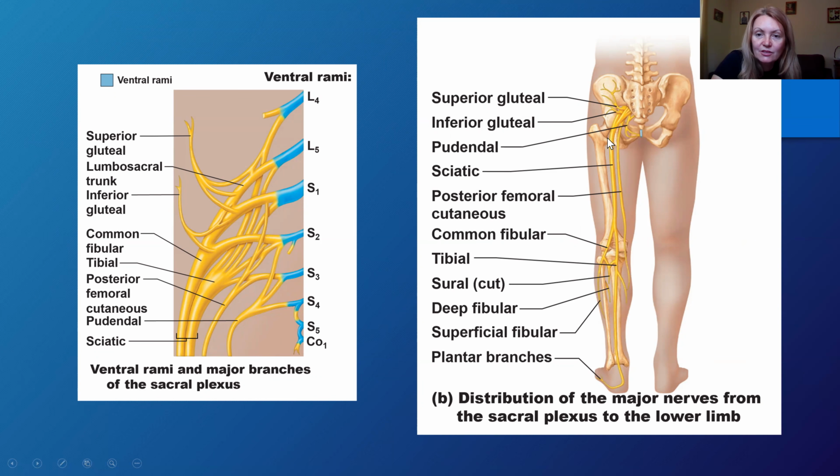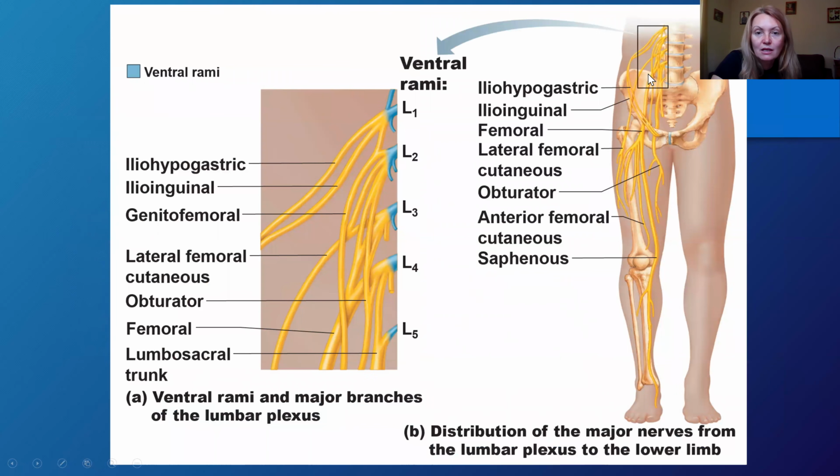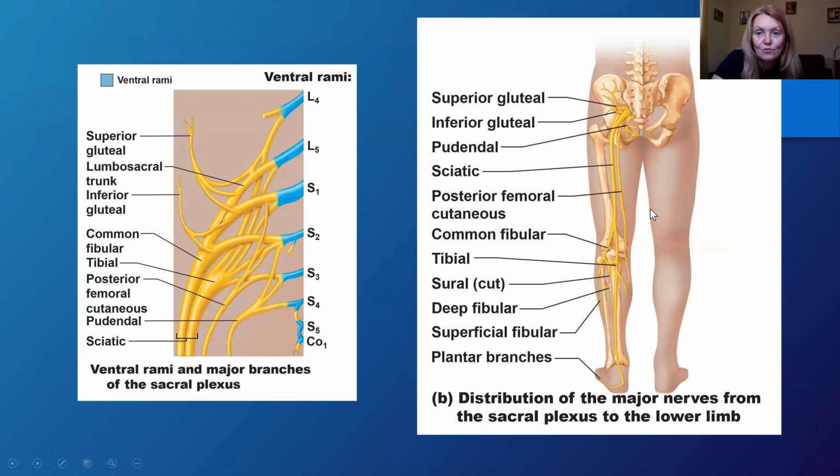And there is another interesting nerve over here, the posterior femoral cutaneous, this one on the lateral side. You would think that femoral comes from the lumbar plexus. We have our major femoral, lateral femoral, anterior femoral, but the posterior femoral is from the sacral plexus.